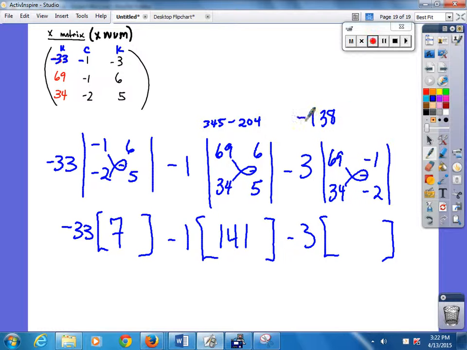And then minus a negative is going to be plus 34. And negative 138 plus 34 is negative what? 104?